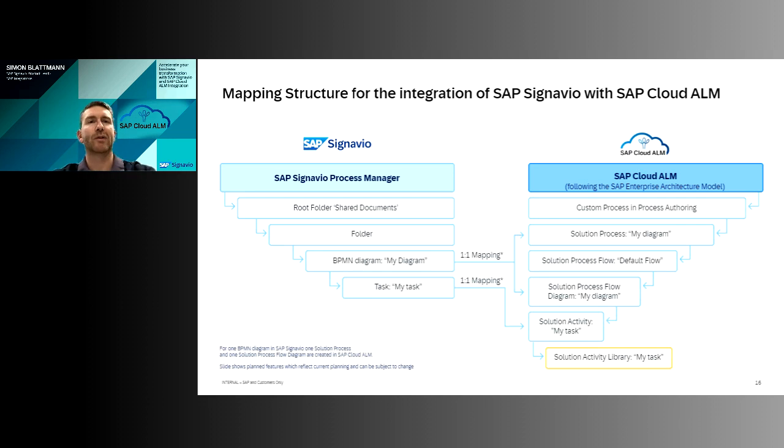There's a question: there was a webinar in 2023 where we said that the integration between SAP Signavio and Cloud ALM would be delivered before the end of 2023, and there seems to be a delay of one year. I understand where the confusion comes from.